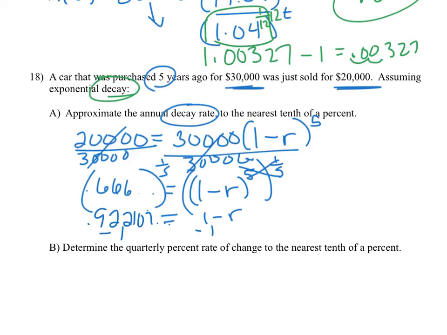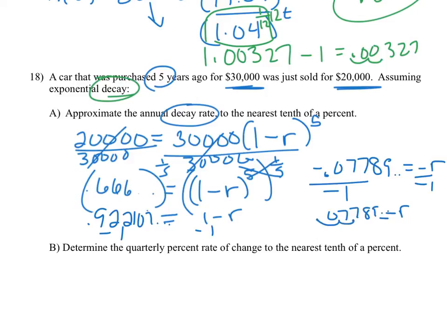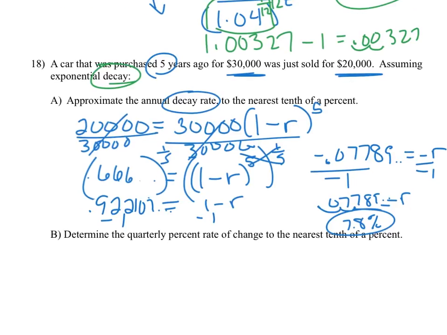We subtract 1, and I get negative 0.07789, etc. equals negative r. We get rid of the negative, 0.07789, etc. Move it over 2 decimal places, and you get 7.8%. The annual rate of decay is 7.8%, which looks good to me.